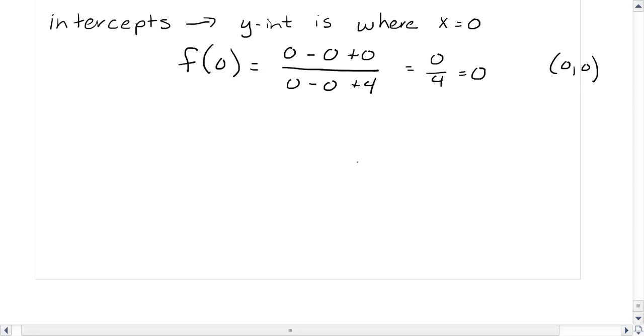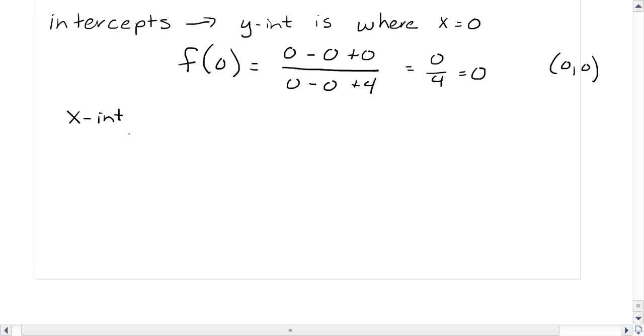And next we need to find our x-intercepts. And the x-intercept is where the value of this is 0, but we have to be careful, or y is 0, but we cannot end up with zeros in the denominator.